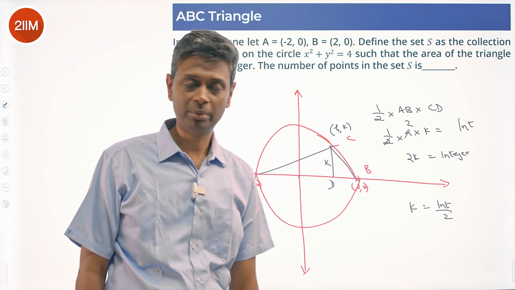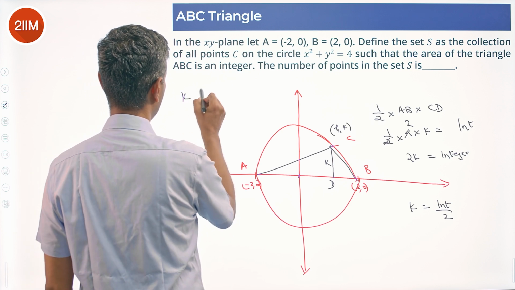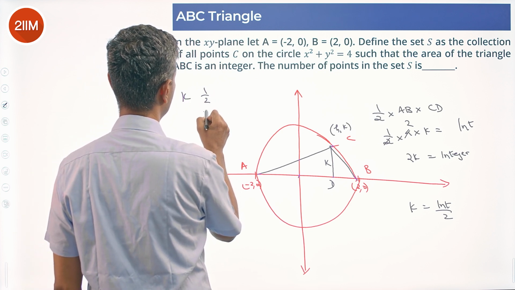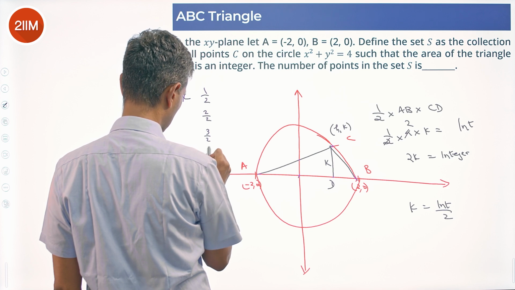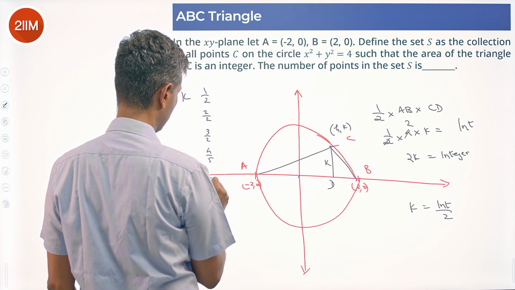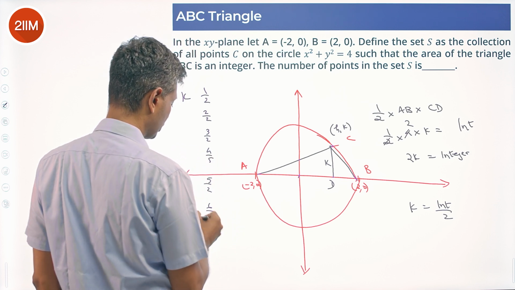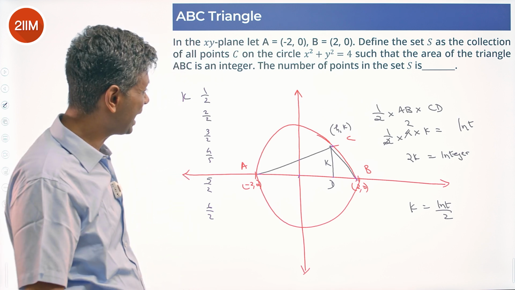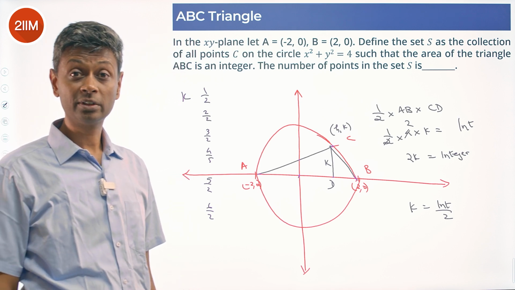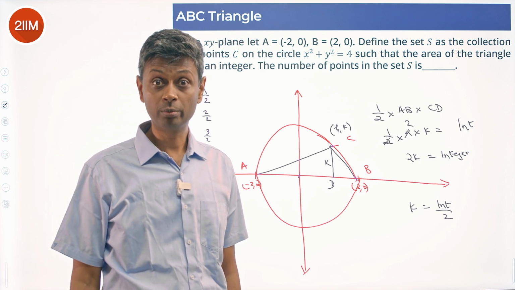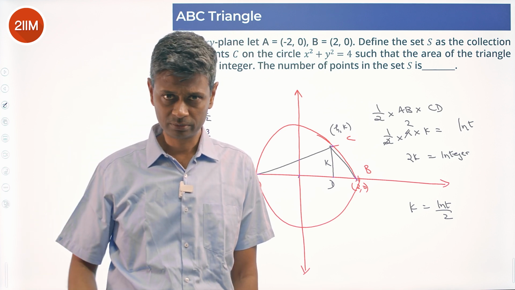K is an integer by 2. So k could be 1 by 2, 2 by 2, 3 by 2, 4 by 2, 5 by 2, 6 by 2, and so on. K could be half, k could be 1, k could be 1.5, k could be 2, k could be 2.5, k could be 3, and so on.